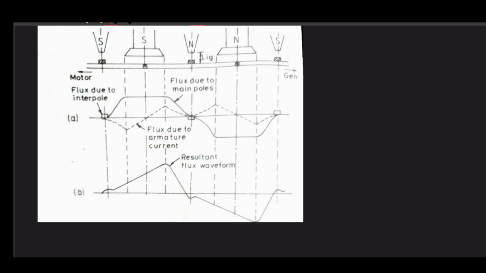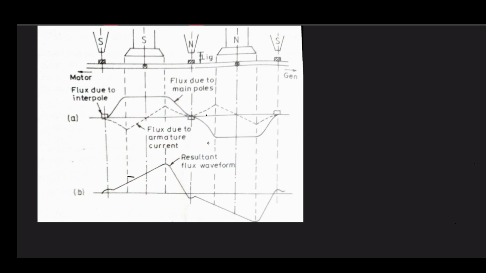So what is happening here is that this flux due to armature current, due to the placement of this interpole, previously was like this, and that caused the shift of the magnetic neutral plane from the geometric neutral plane by an angle beta.